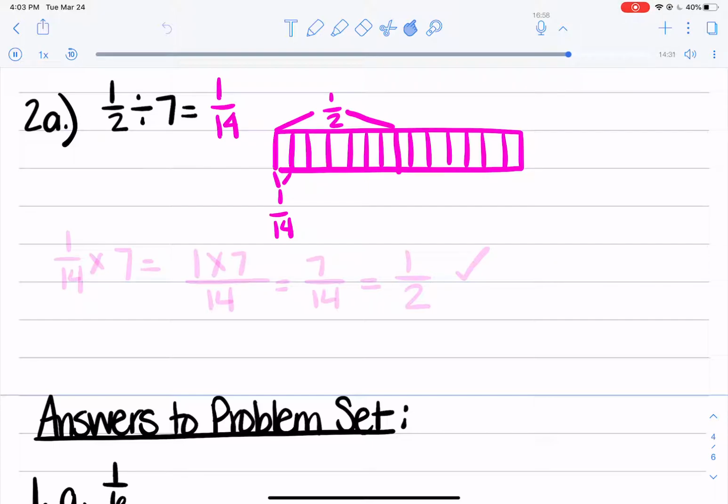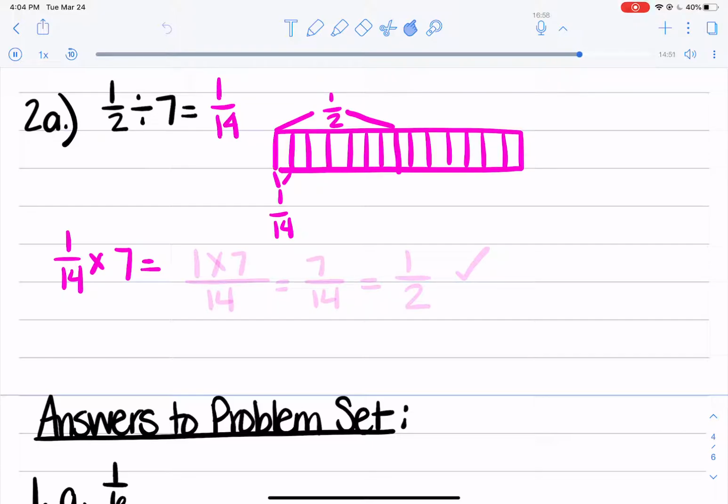And then we're going to check this one using multiplication. And our multiplication would be 1/14 times 7, and it should equal 1/2.